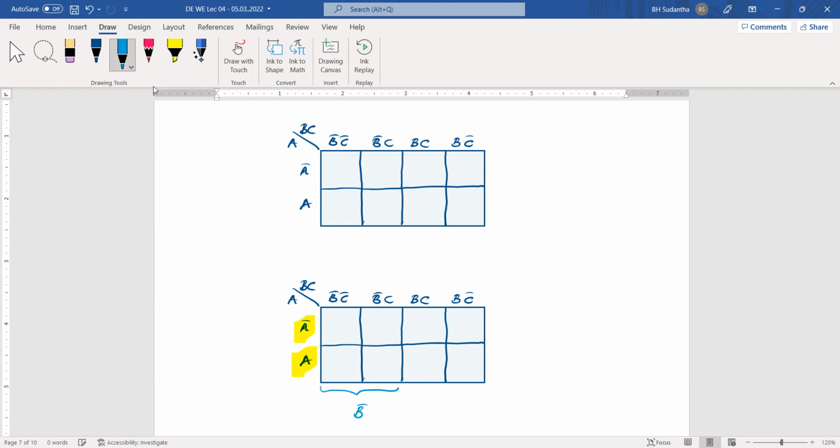Actually, these two rows are B bar, and this one is B. When you have a single variable, it has 4 grids. And what about this one?